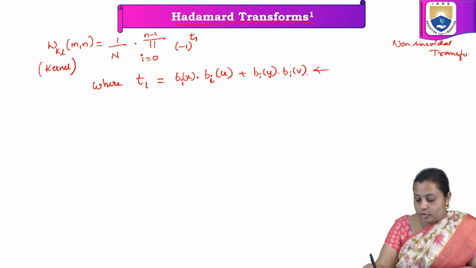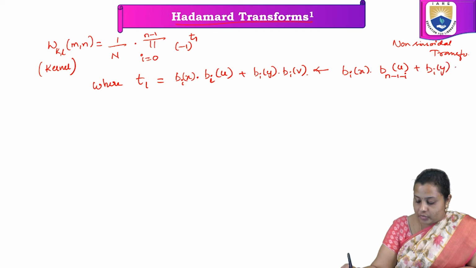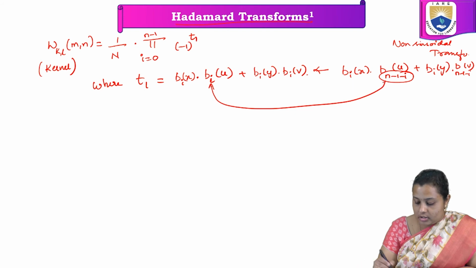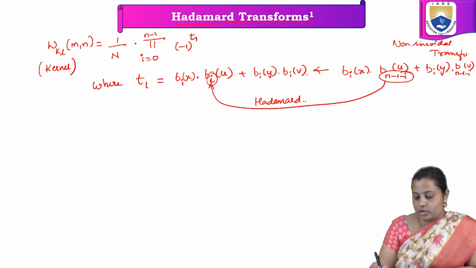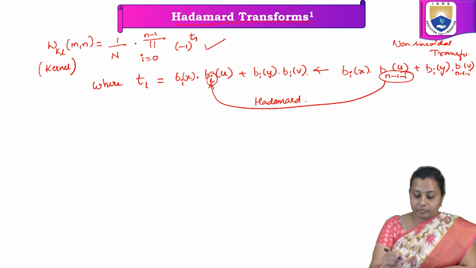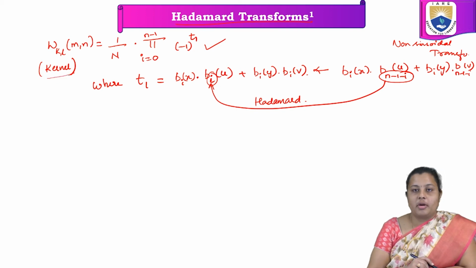In our Walsh transform, the same equation was given by bi of x into b n minus 1 minus i of u plus bi of y into b n minus 1 minus i of v. So instead, I'm considering this i. This is the Hadamard transform function, the coefficient matrix. This is also called my Hadamard kernel.